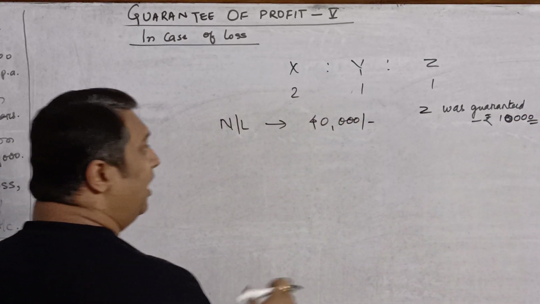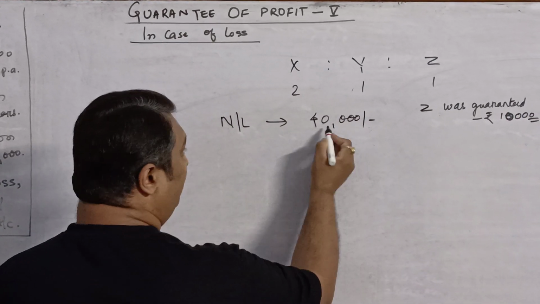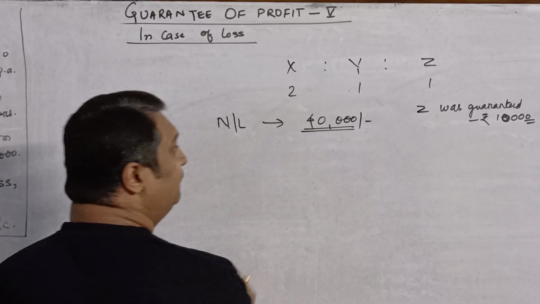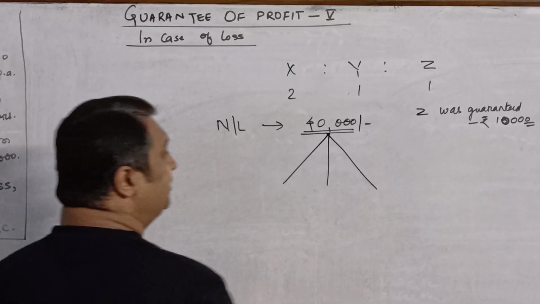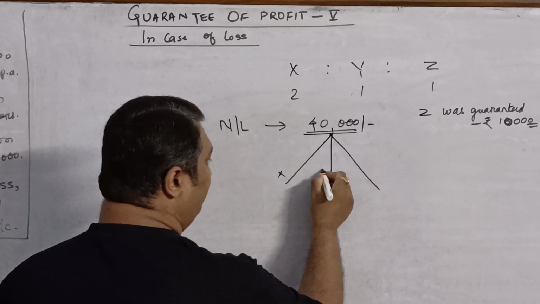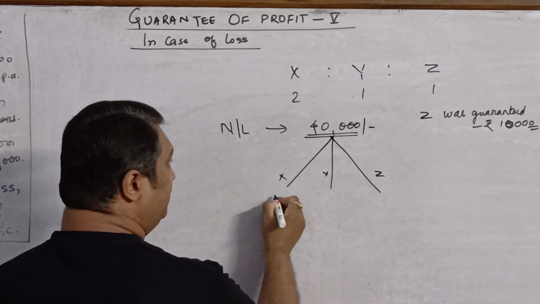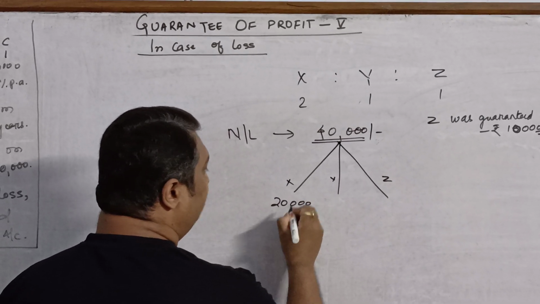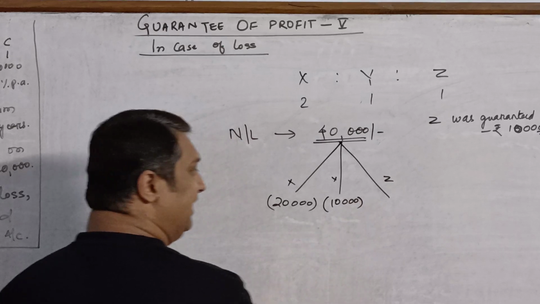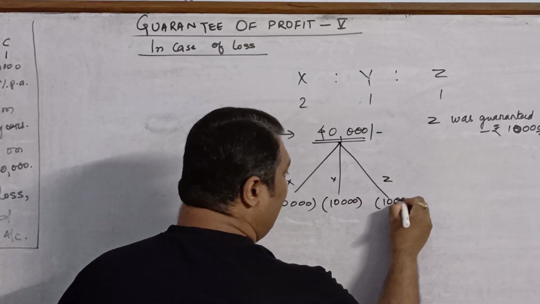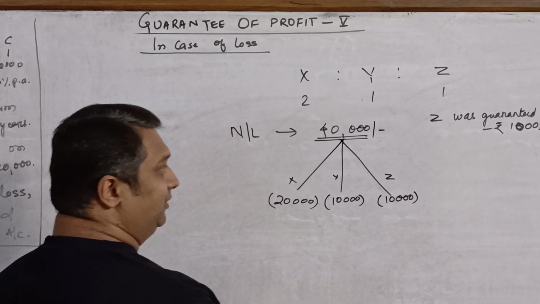So how are we going to distribute this? If you can see, we have a loss of rupees 40,000. As we know, the losses will be shared amongst the partners in the profit sharing ratio. So X will have a loss of 20,000, Y will have a loss of 10,000, and Z will also have a loss of rupees 10,000.